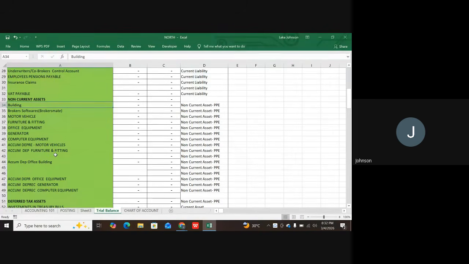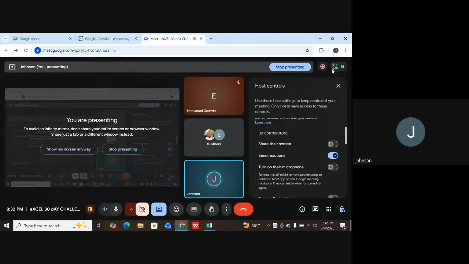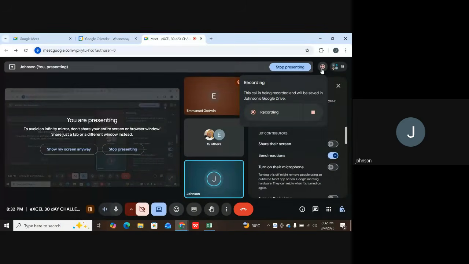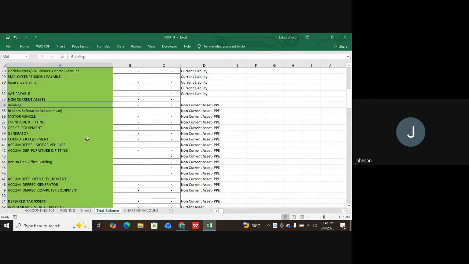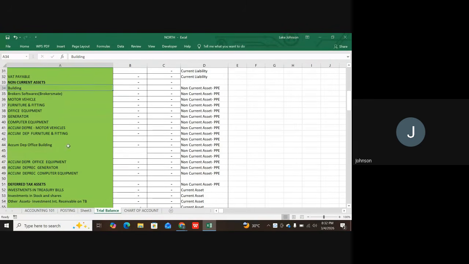For people that are in the class that we are having for people that paid for the practical accountant, they were able to understand how to actually get their depreciation, how to get the depreciation charge for the year, and how to also get the accumulated depreciation, okay?